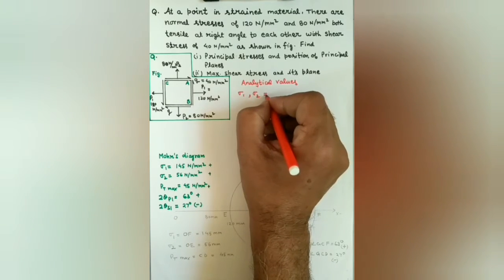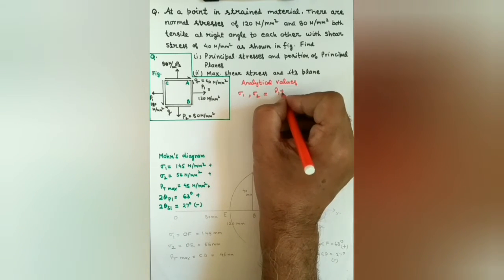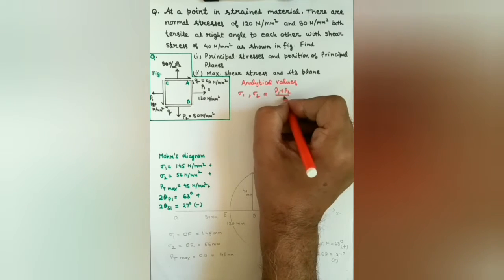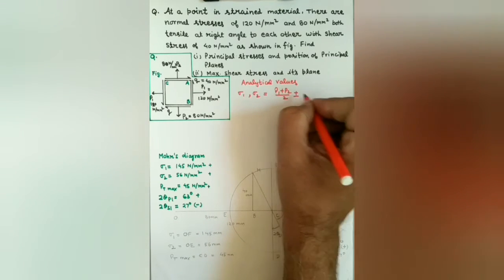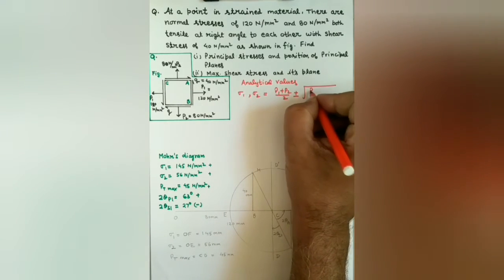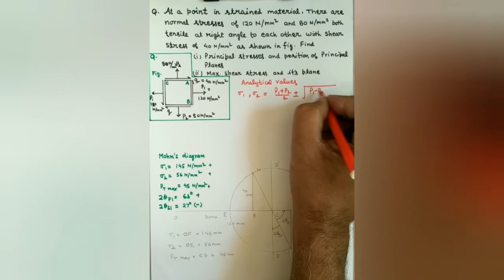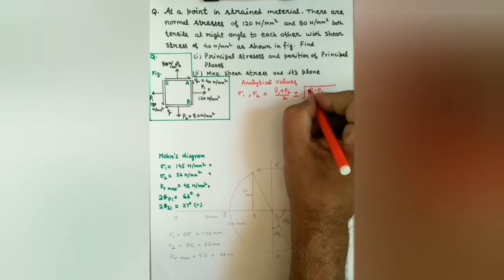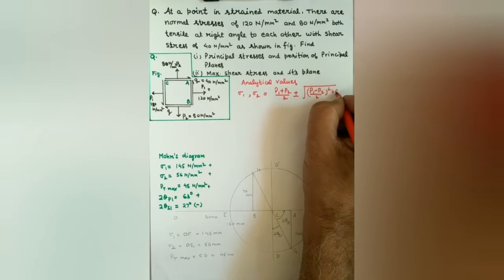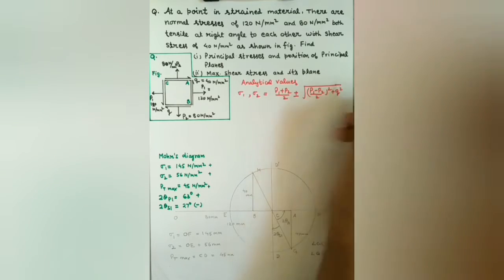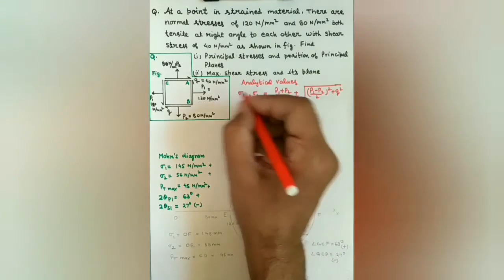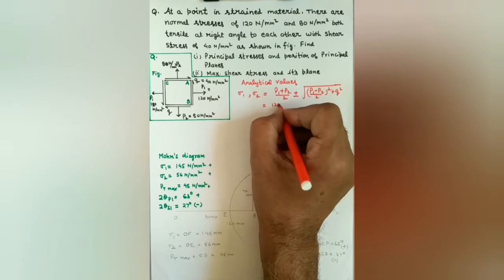by Mohr's circle. So sigma 1 and sigma 2, the maximum and minimum major and minor principal stresses, are given by P1 plus P2 by 2 plus minus root of P1 minus P2 by 2 whole square plus Q square, where Q is the shear stress, P1, P2 are the normal stresses.